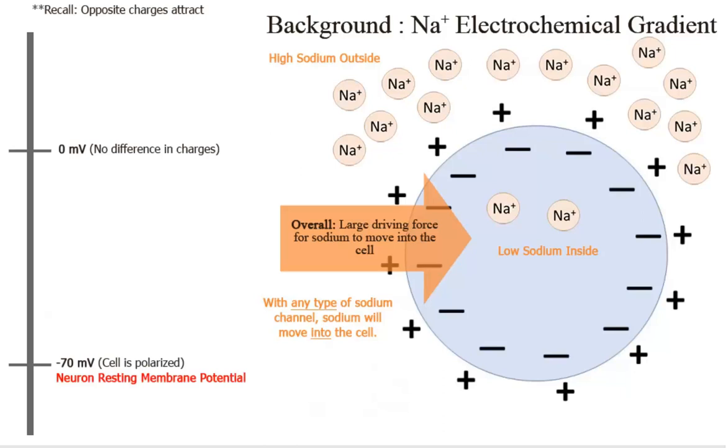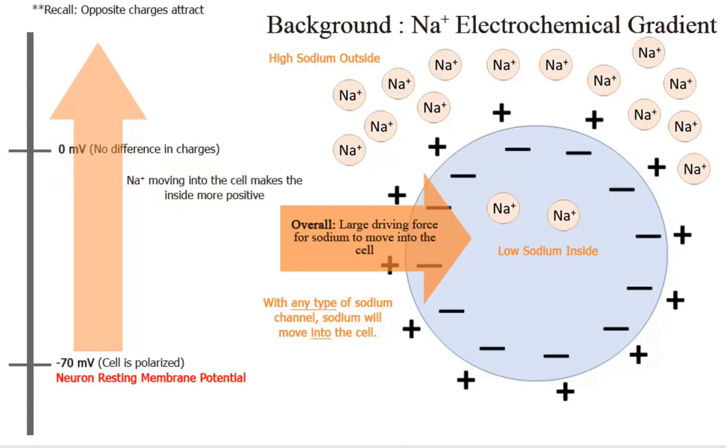And so if we open a sodium channel, and it doesn't matter if it's a mechanically gated channel, ligand gated channel, voltage gated channel, or even a leak channel, anytime you open a sodium channel, sodium is going to want to rush into the cell. So we will be adding positive charges to the inside of the cell. That will make the membrane potential more positive, so it will go up.